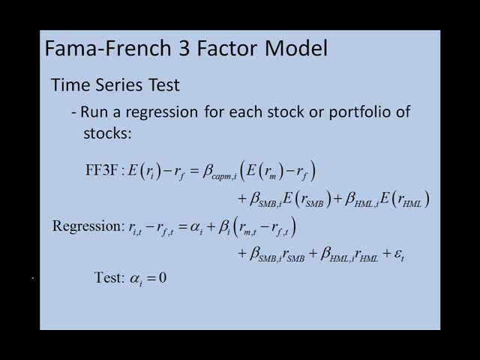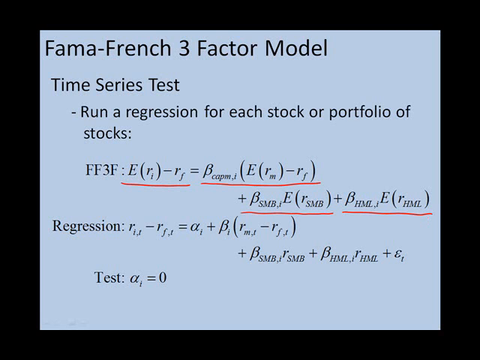Theory predicts that the expected excess returns for a portfolio or stock is going to be equal to the beta on the market times the market risk premium, plus the SMB exposure times the expected returns on the risk factor SMB, plus the exposure to the HML risk factor times the expected returns on that risk factor.